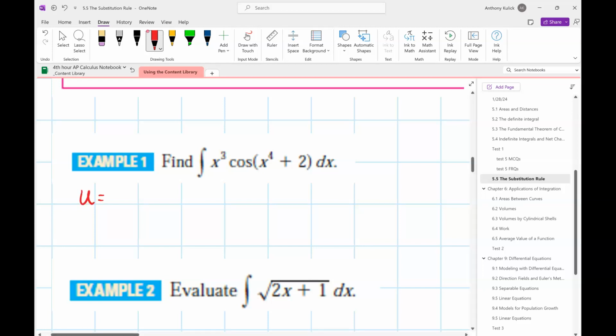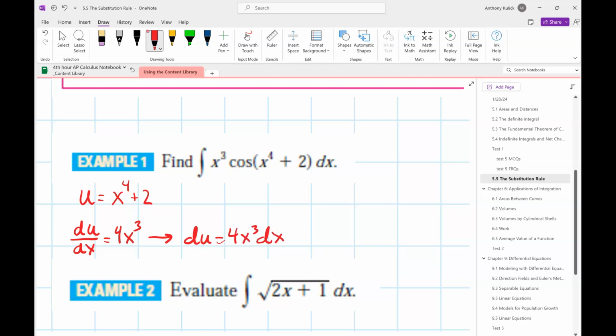What should we pick for u on this one? x to the 4th plus 2 is correct. When I take the derivative of u, we get 4x cubed. And if I multiply both sides by dx, I get that, right?